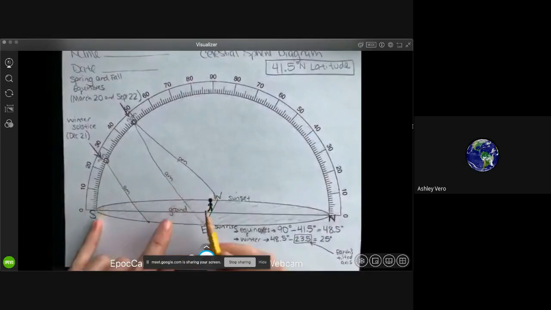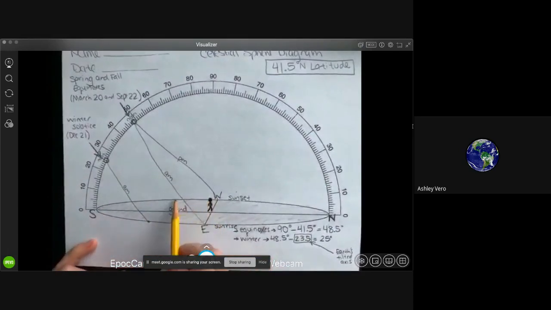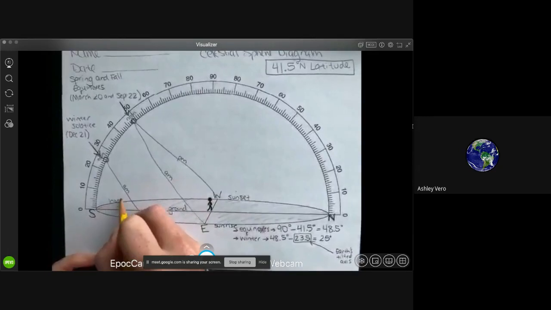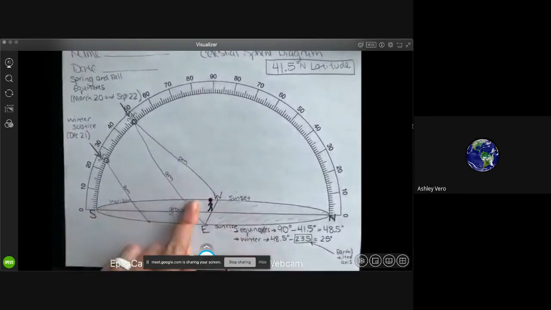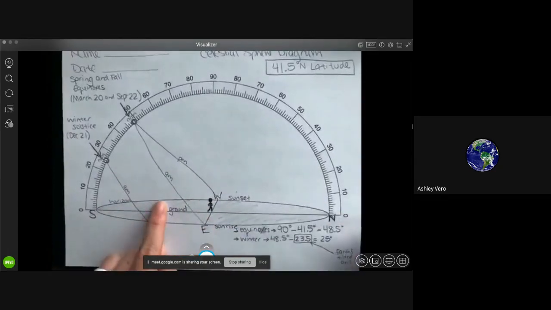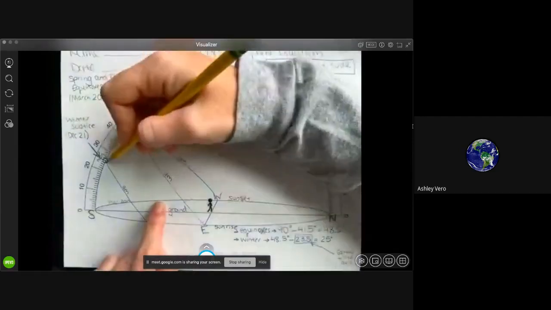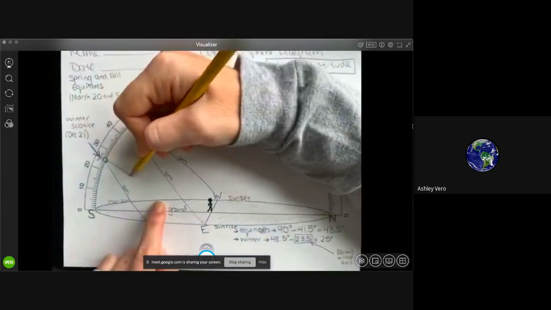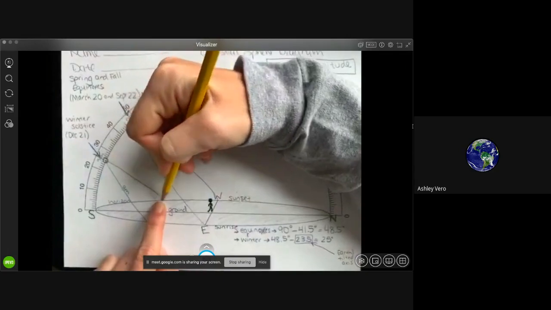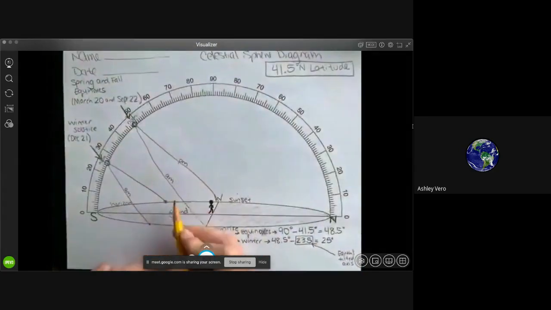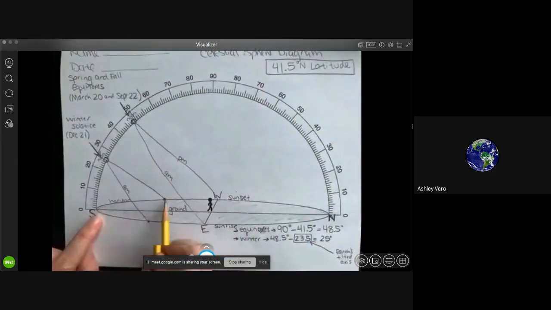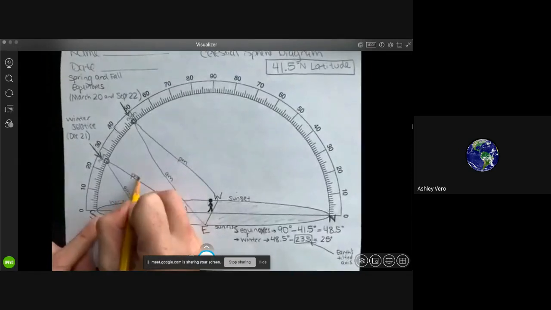So somewhere along this horizon line, we can label that this is the horizon. Somewhere along this horizon line, I usually just stick with somewhere in the middle, is going to be our setting sun in the wintertime at a point that is south of west. So here we are south of west, and this is all of our PM times.